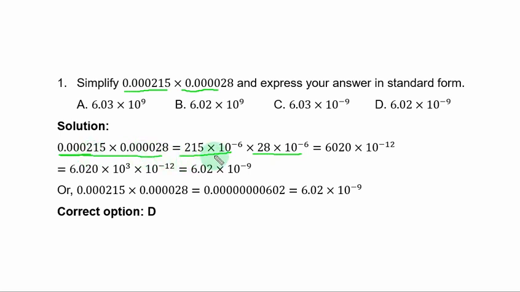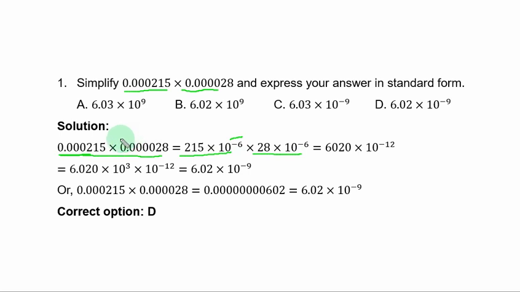The number of times the point is moved becomes the power to base 10. The power is negative because the movement is forward. If it is backward, the power is positive.